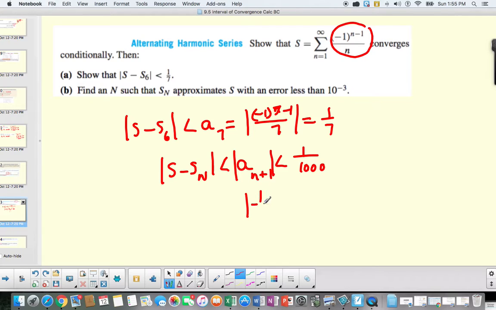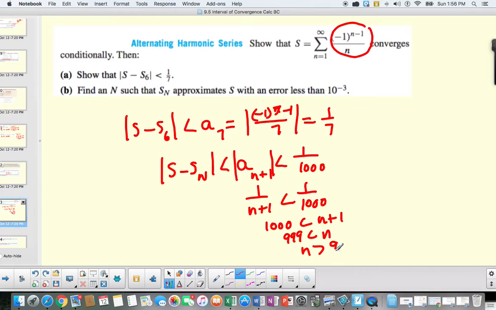I'm just going to write 1 over n plus 1 less than 1 over 1,000. So 1 over n plus 1 is less than 1 over 1,000. And then this is going to be 1,000 less than n plus 1, and this will be 999. So n has to be greater than 999. If I take my series out this far, then my error will be this amount.